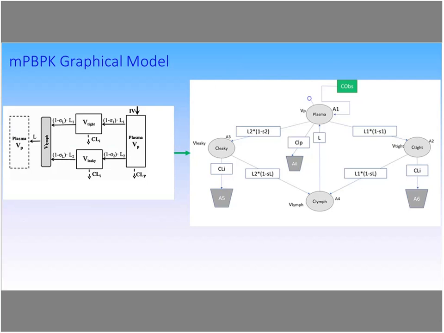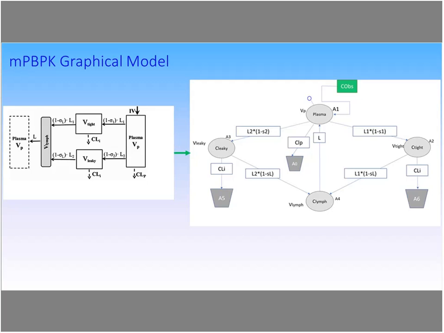So that is how the graphical model will look in the Phoenix interface. mAbs come into plasma space, then go out to the leaky tissue and out to the tight tissue. They come back to plasma via this one.